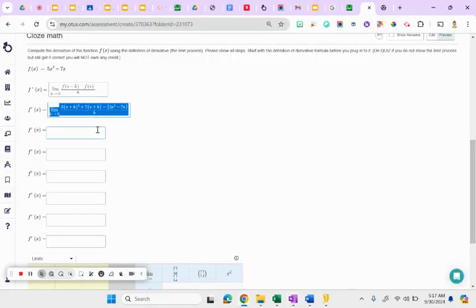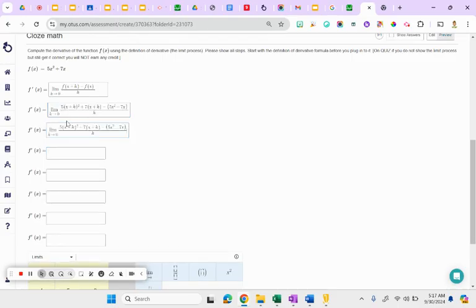So I'm going to copy it again and paste. Just this part here is getting replaced with the 5x squared plus 10xh plus 5h squared.